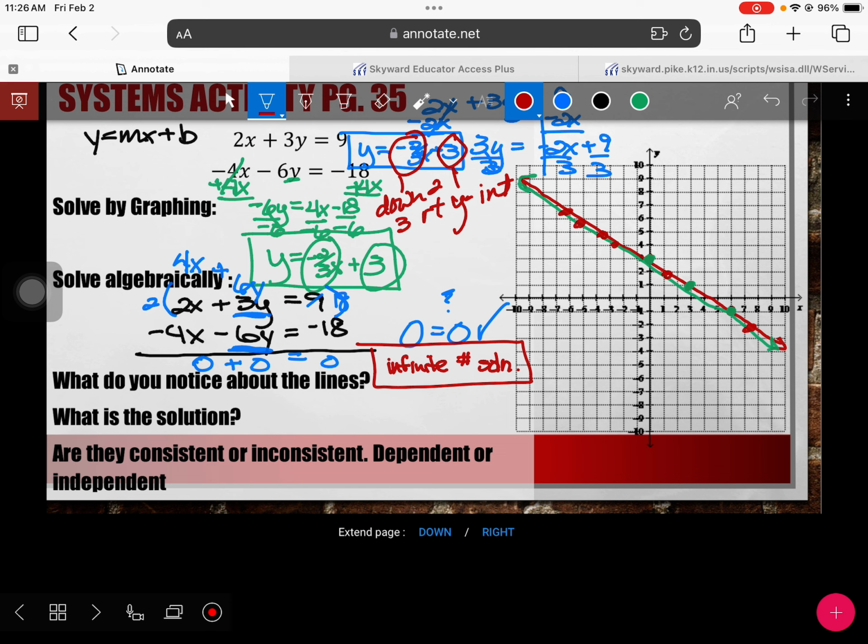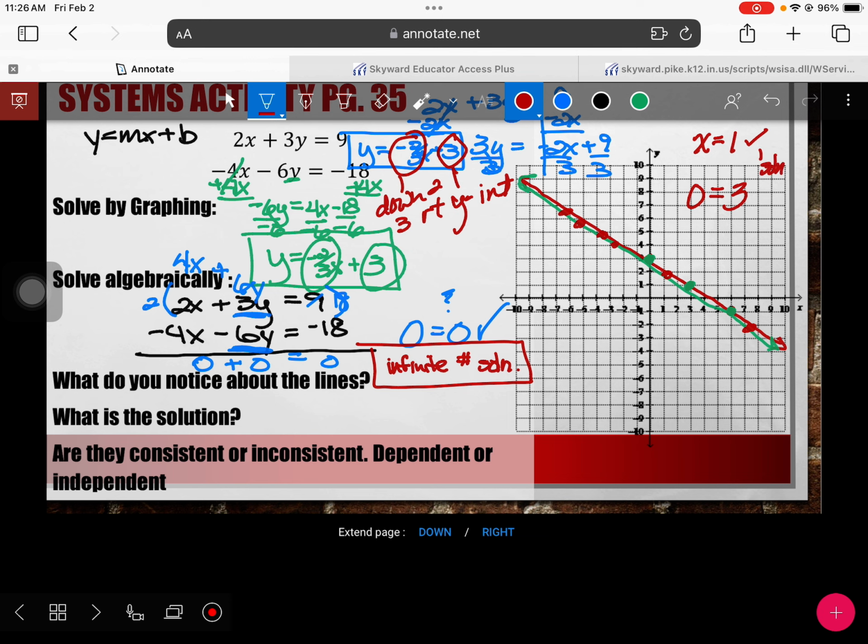So if you have 0 equals 0, 1 equals 1, negative 5 equals negative 5, you're talking about an infinite number of solutions. If I say x equals 1, that is one solution, okay? And if you say 0 equals 3, is that true?